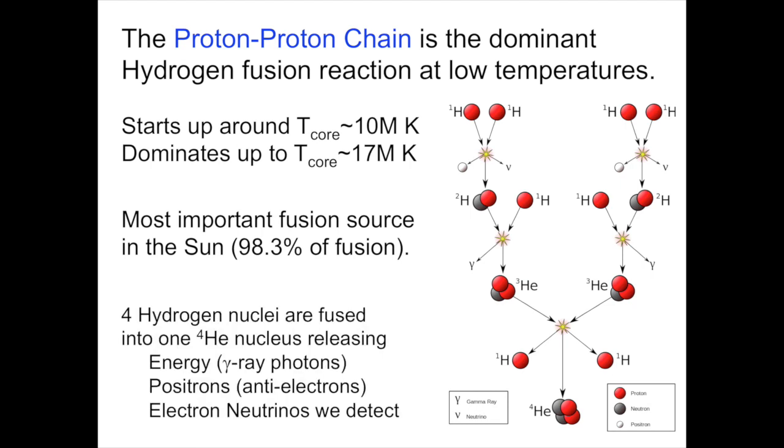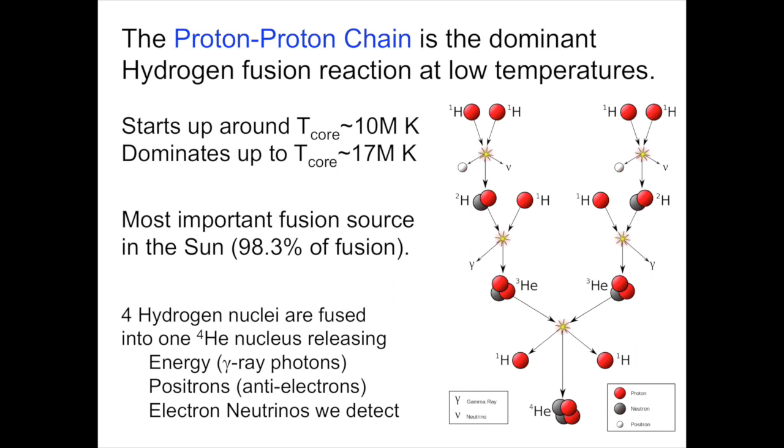In this reaction, 4 hydrogen nuclei are fused into 1 helium nucleus, releasing energy in the form of gamma-ray photons, positrons or anti-electrons, which then head out into the star and very quickly find an electron and annihilate into 2 gamma rays, releasing more energy.